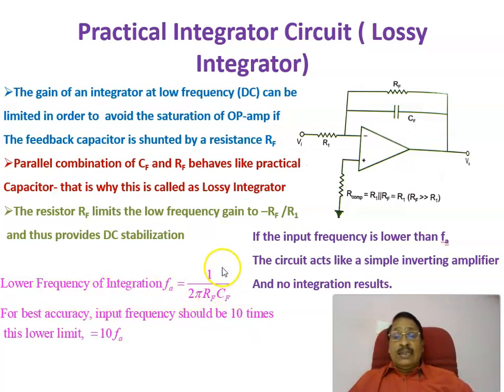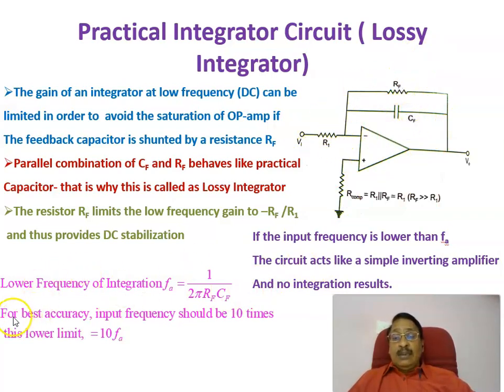If the input frequency is lower than 1 by 2 pi RF into CF, this circuit acts like a simple inverting amplifier. It is working as an inverting amplifier provided the input frequency is less than 1 by 2 pi RF into CF. To get integration, the input frequency should be more than this.